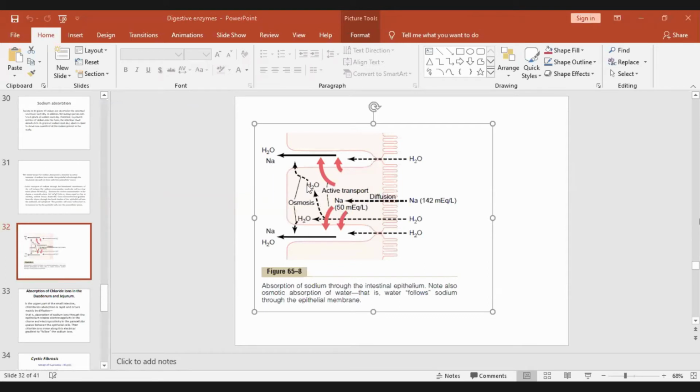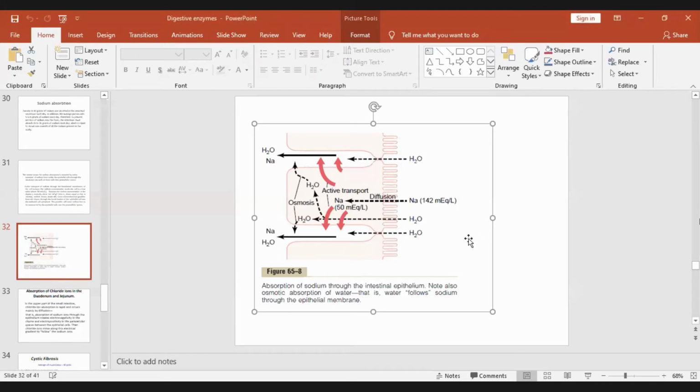Because it is being pumped out by the sodium potassium ATPase on this side, an electrochemical gradient will be created, and because it reduces the sodium content inside to 50 milliequivalent per liter, and because of the high sodium on this side, the gradient causes diffusion of sodium into the cell. From the epithelial lining cells to the space, there should be active transport.